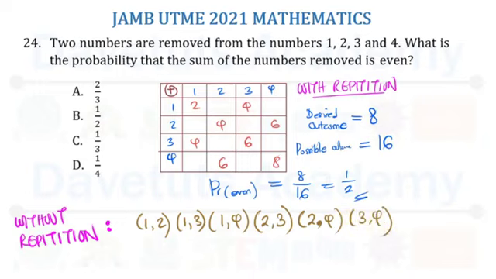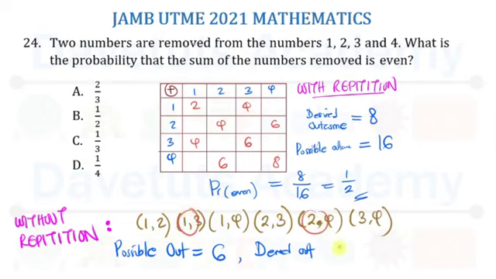So in this particular case, the possible outcomes, we have 1, 2, 3, 4, 5, 6 is 6. Our desired outcome that the sum should be even is only this. This desired outcome is 1, 3, and 2, 4.